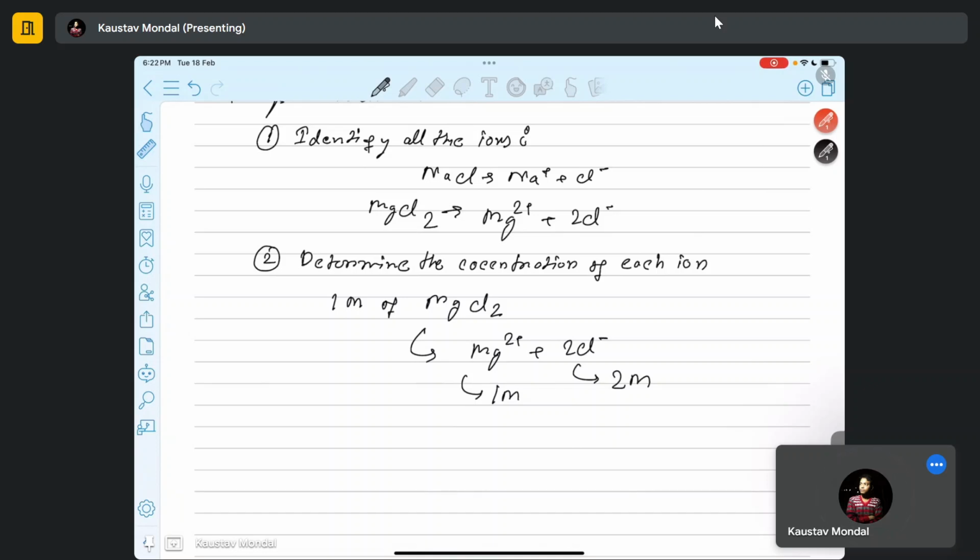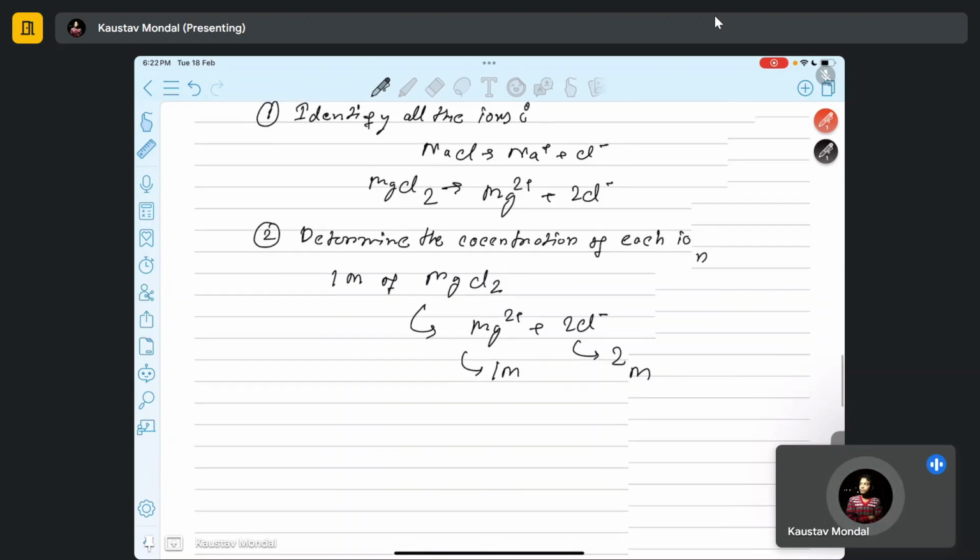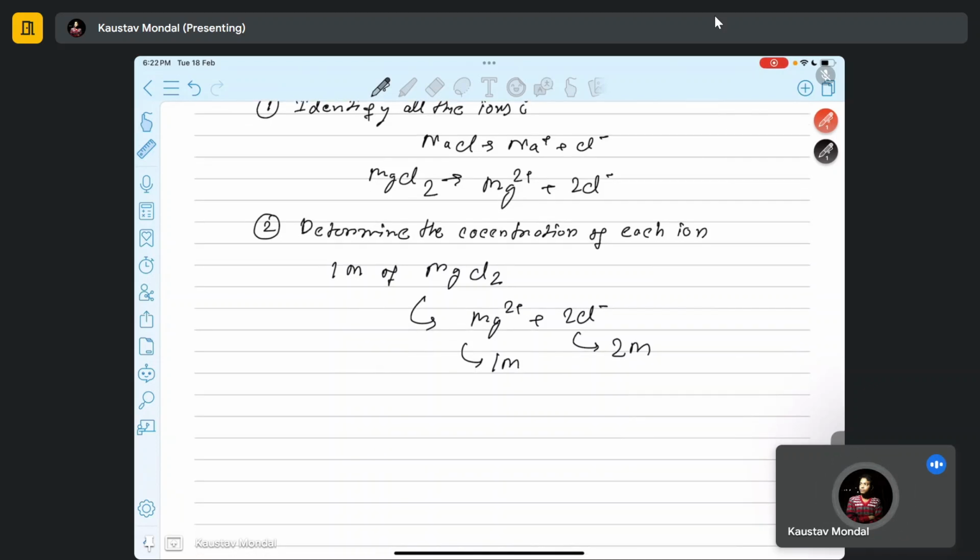So this thing also you have to look out for when you are solving this kind of problem, the concentration of each ion. And third is the charges, which I have already discussed. So determine the charges.